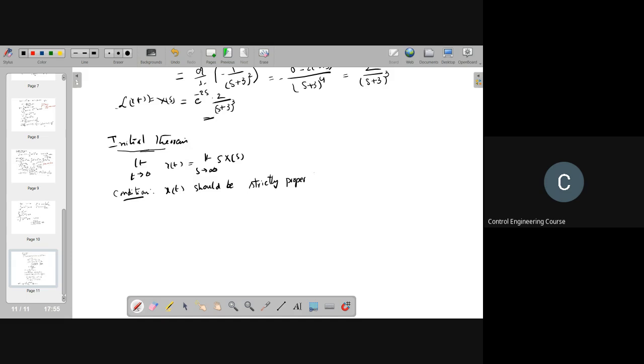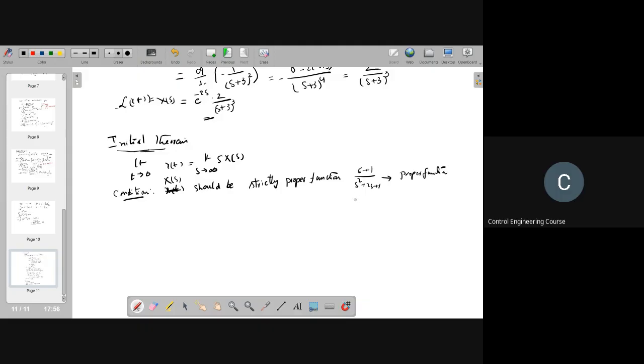Do you know what a proper function is? A function is said to be proper when X of s has the highest power of the denominator greater than that of the numerator. Suppose you have s plus 1 by s square plus 2s plus 1; this is a strictly proper function.